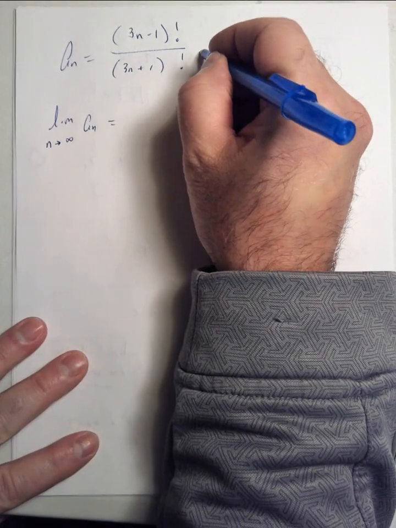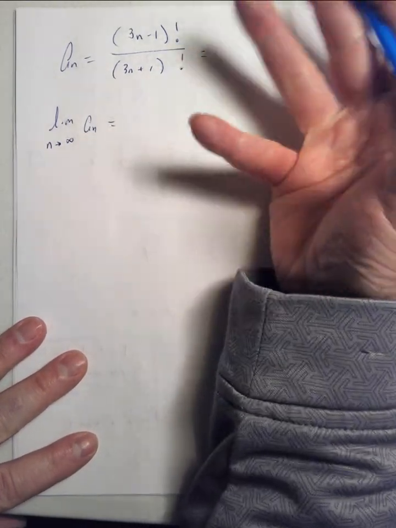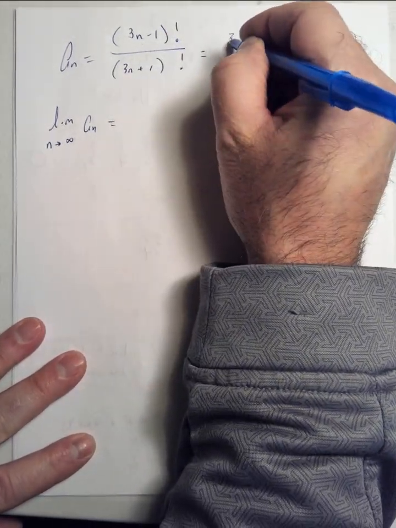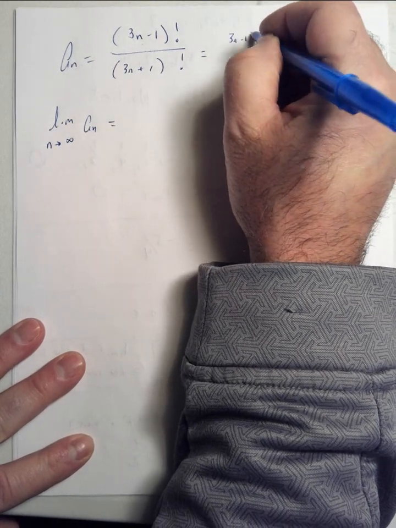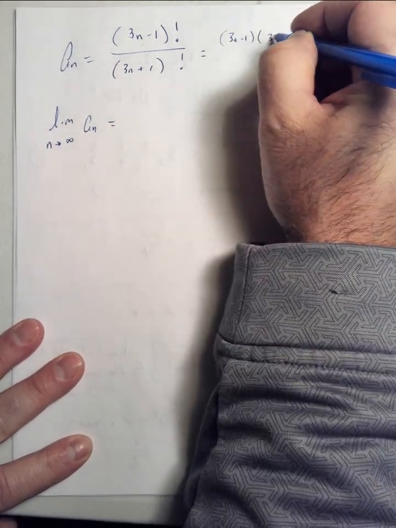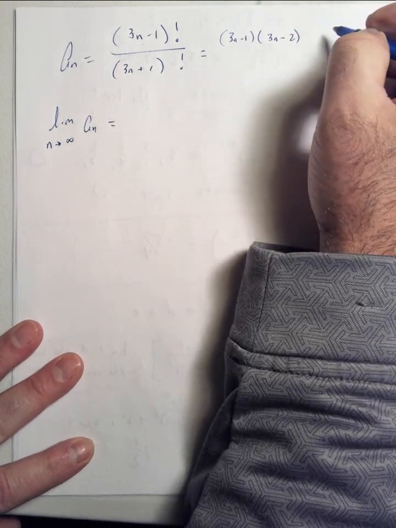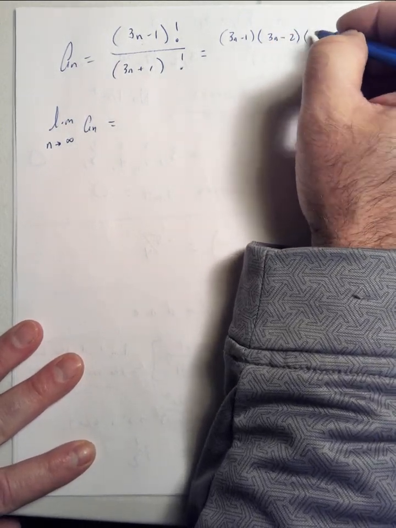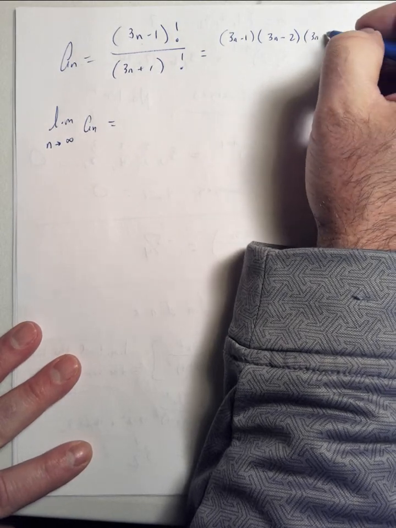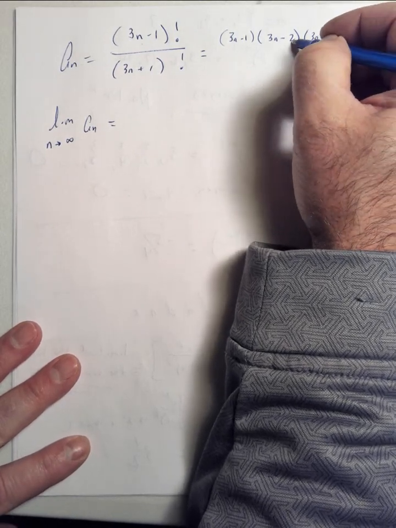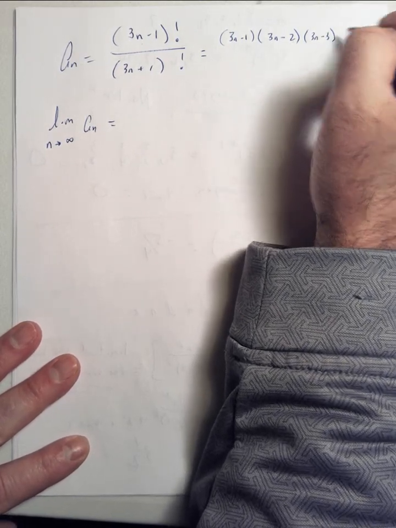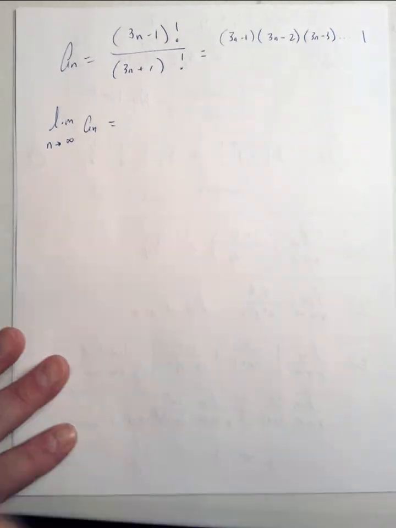So remember what the factorial does, right? It drops it down by 1 each time. So this becomes 3n minus 1 times 3n minus 2 times 3n minus 3, right? And it all goes down to 1.